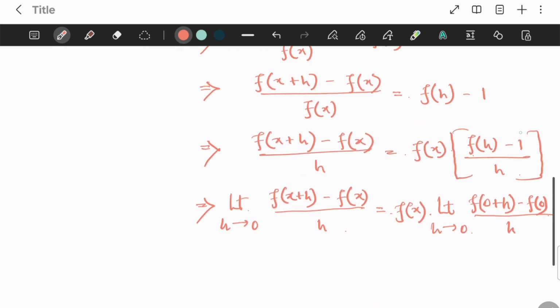So definitely we can replace this 1 with f0, right? Now what we will get from here, we can say this means f dash of x is equal to fx, correct, into f dash 0.